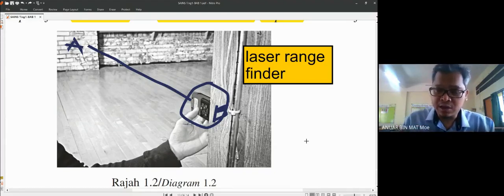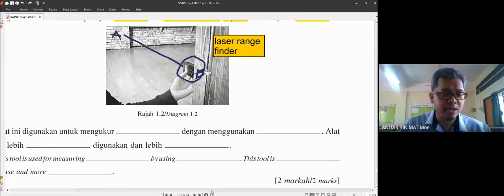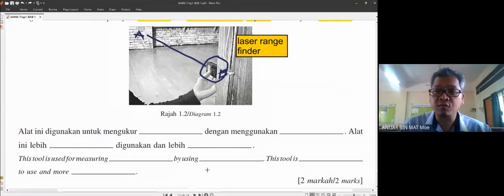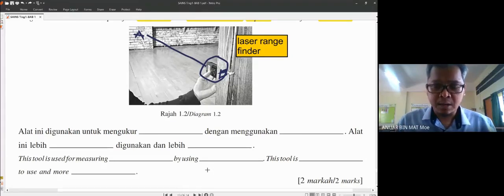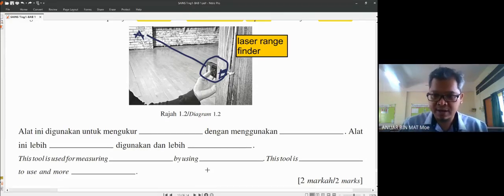It just gives you the live distance. So this is what we call a laser range finder. More accurate, and then cheaper. More accurate and convenient. Convenient means you need not bring bulkier or heavier tools just to measure the length. You just bring that only, right?